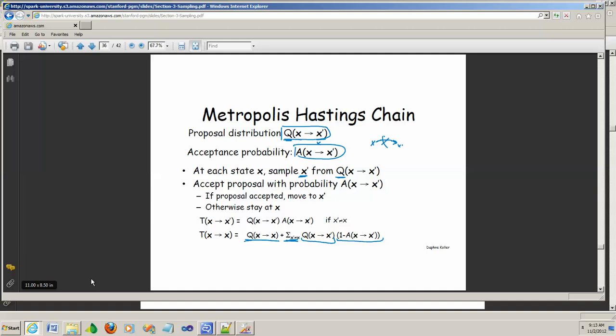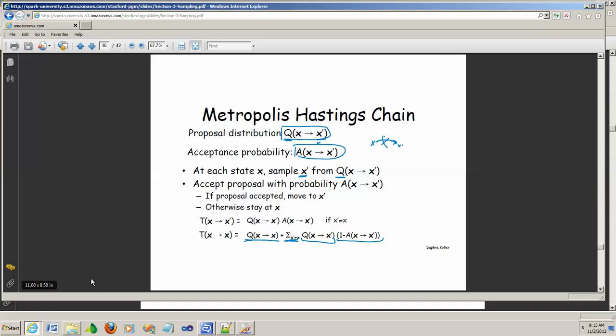Acceptance, now again, the distribution in a different scenario. For example, you can have a uniform distribution on how it goes from x to x prime, or some other, or block log distribution, which you will see in the assignment, and so on and so forth. Acceptance probability is again the same thing, the probability of accepting the proposal of going from current state x to x prime.